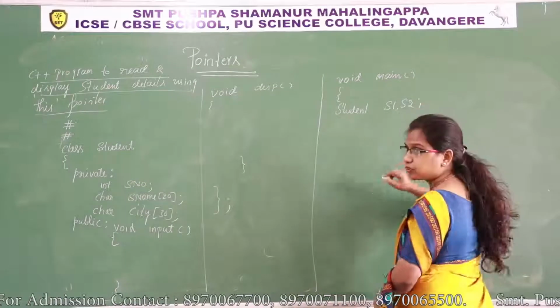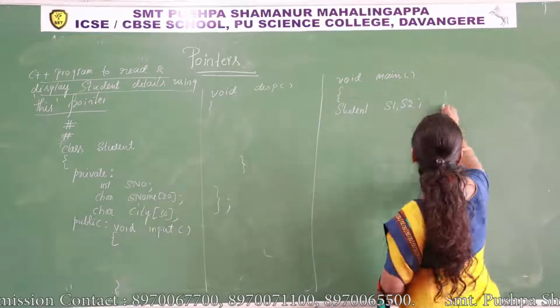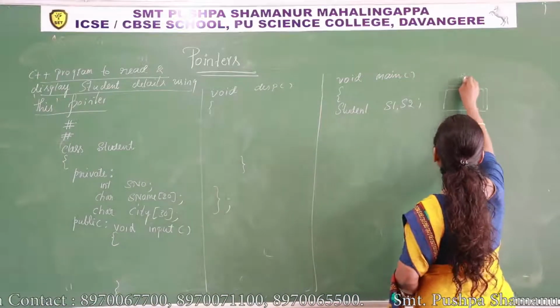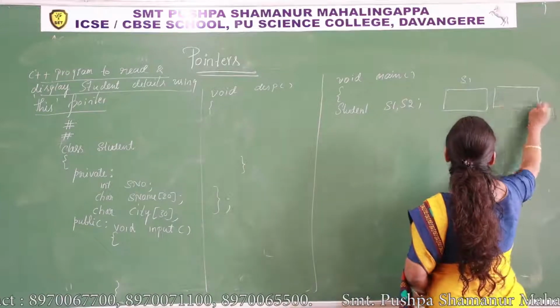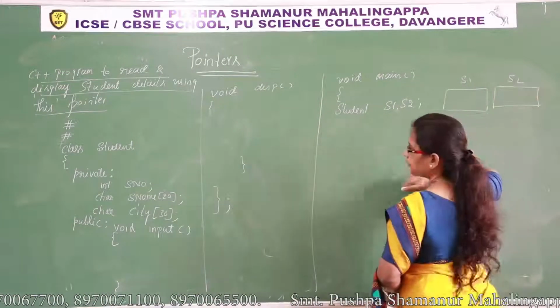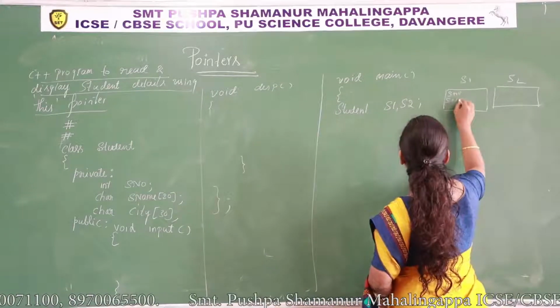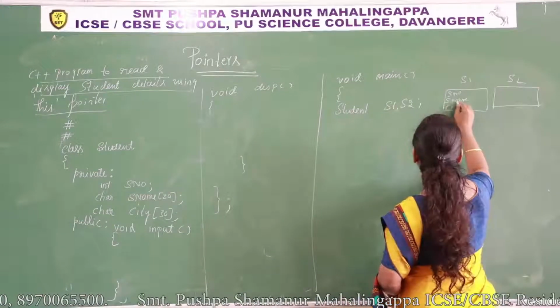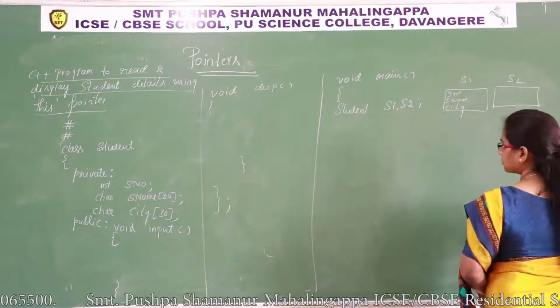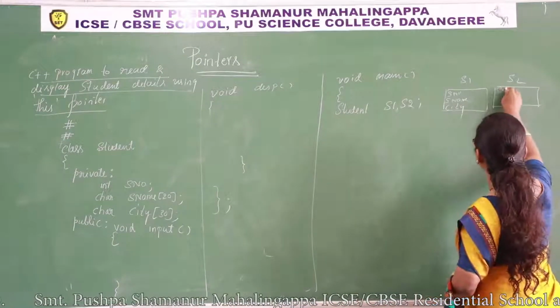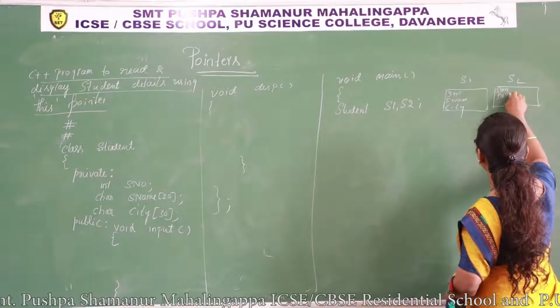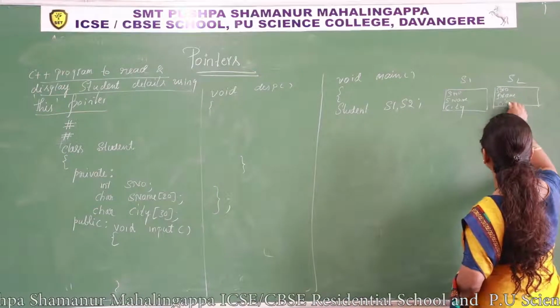When you create objects, you all know memory will be allocated for S1 and for S2. What is there in S1 and S2? Student number, student name, and city.